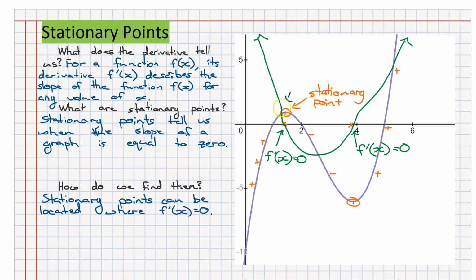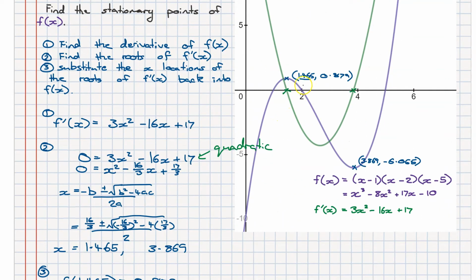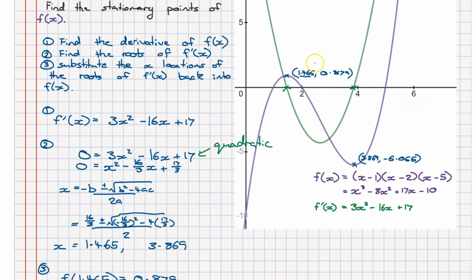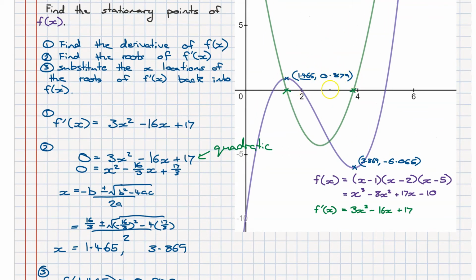You then solve the roots of that derivative function, and the x location of those roots you plug back into the original function, and that will tell you the y location of the stationary points. So it's as simple as that for doing stationary points to begin with. Now it does get a little bit more complicated after this, but we'll take it one step at a time, and if you can calculate the stationary points on a simple function like this, then we'll call it success for now.